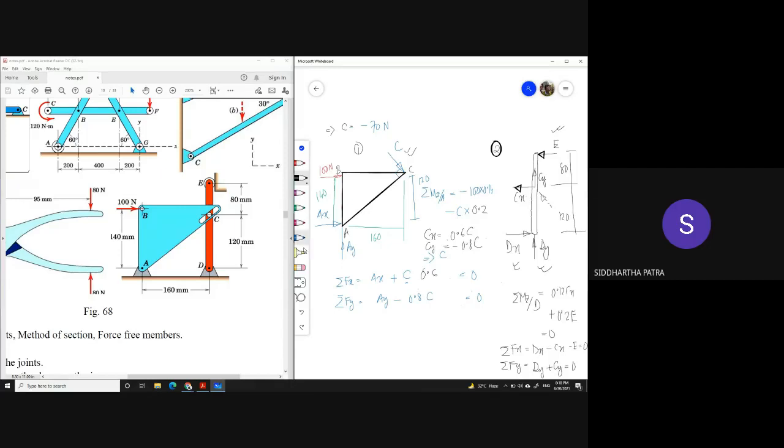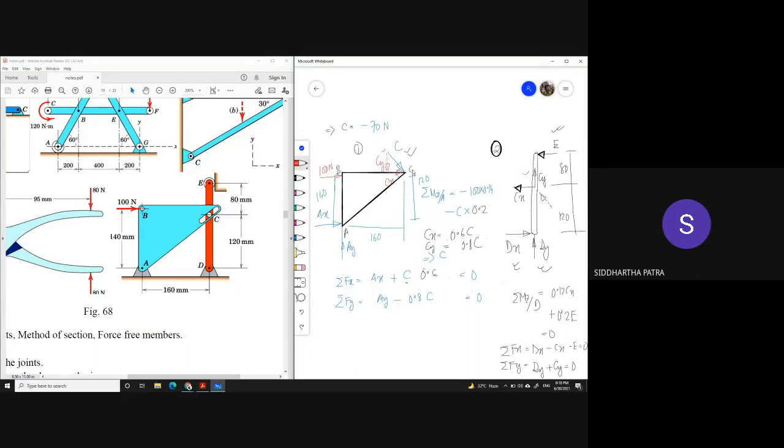No, Cy is actually plus 0.8, because this is how we are drawing it. So this is the plus Cy and this is the plus Cx.